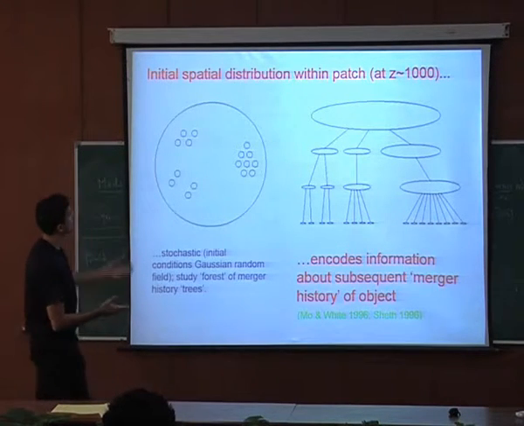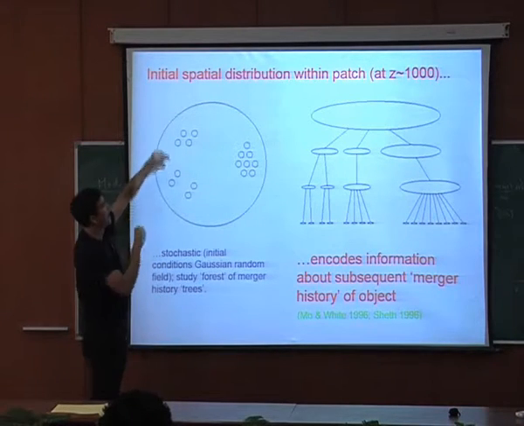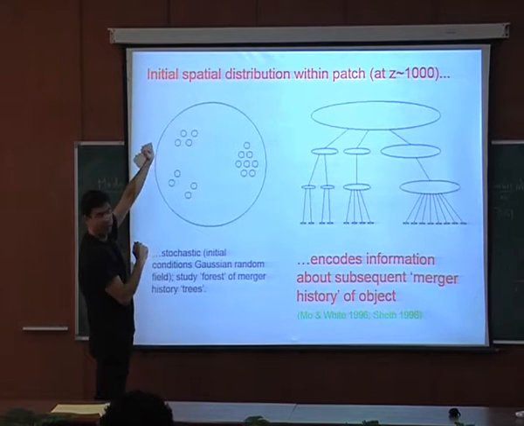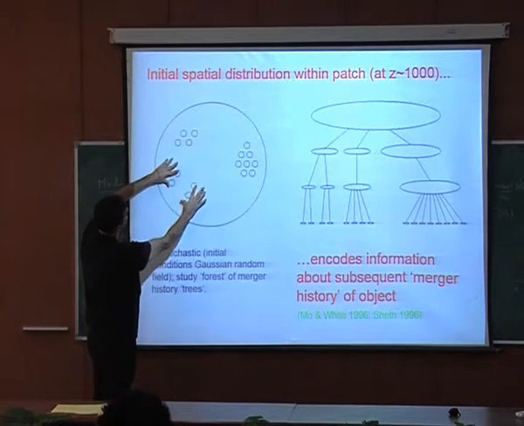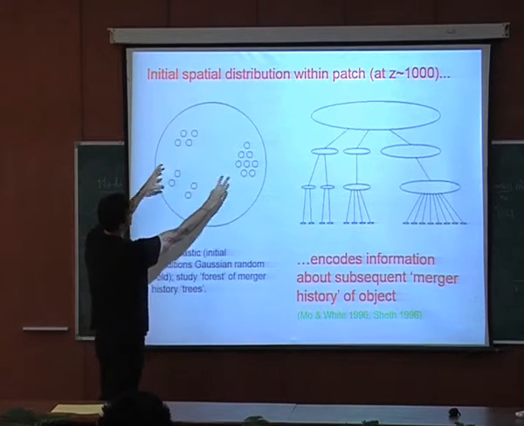Okay, now what happens? Each of these guys does its spherical collapse. And because this guy is also doing its spherical collapse, as these are collapsing, they will move towards each other, and then they will merge.